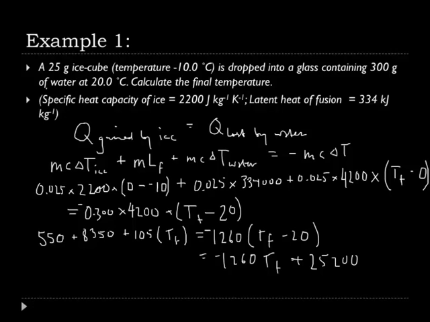Okay, now we move all the TFs over to the left and all the numbers over to the right, and we get 1365 TF is equal to 16,300.